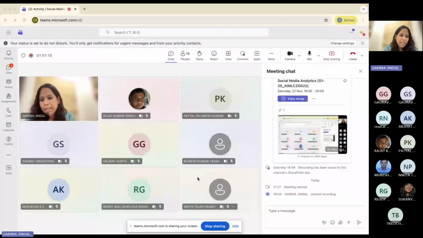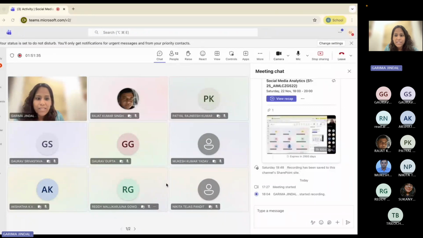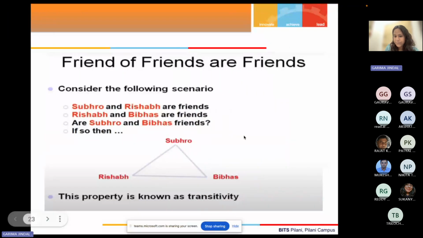Suppose we have Rajat and Gaurav. Although they don't know each other, they have a lot of common friends. If two people have a lot of common friends, then the probability of their becoming friends increases. This phenomenon is called transitivity in networks.